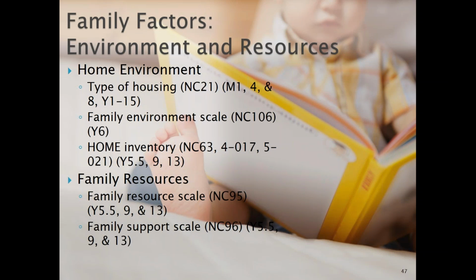For example, does the child have access to books, are they encouraged to read, do they have a library card, and what kinds of family companionship is there? Do they watch TV, or things like that? It's all about the home environment.